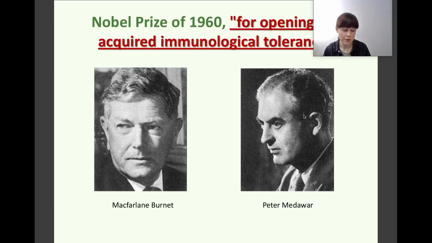Based on the discovery and study of this phenomenon, Medawar and Burnet received the Nobel Prize in 1960 for discovering acquired immunological tolerance. Elucidating the mechanism of self-tolerance is the key to understanding the pathogenesis of autoimmunity.